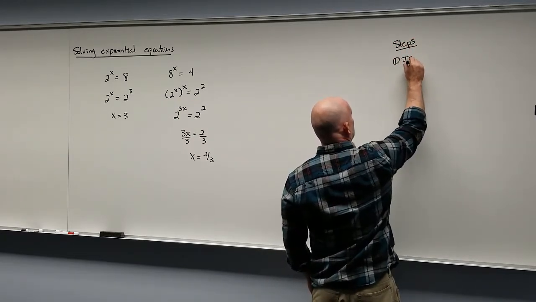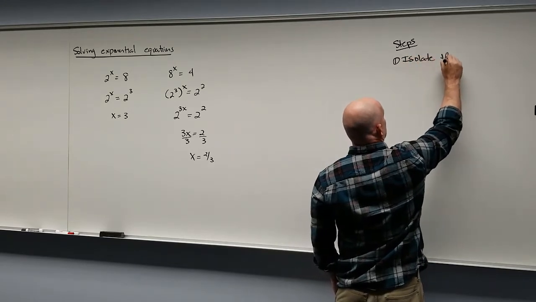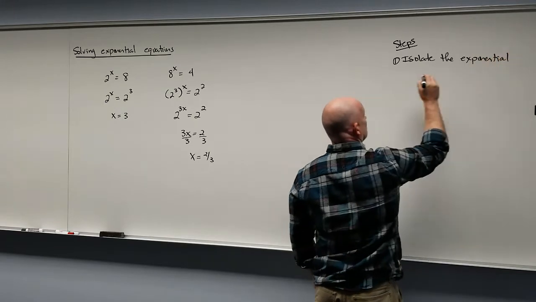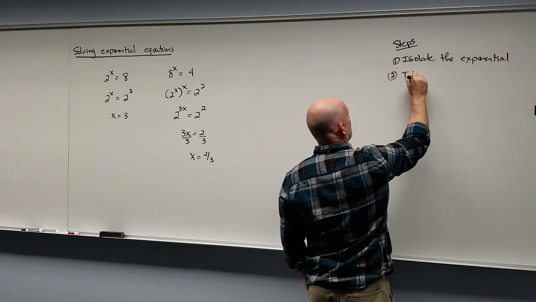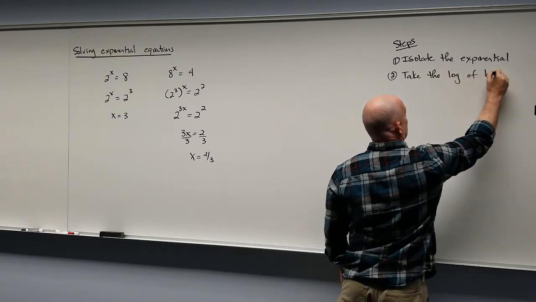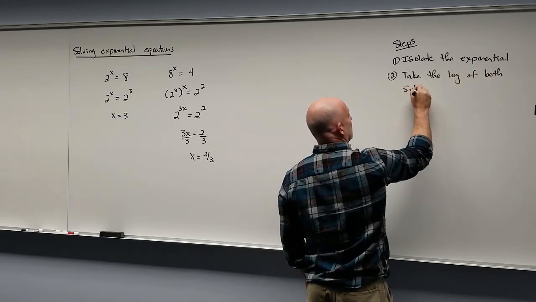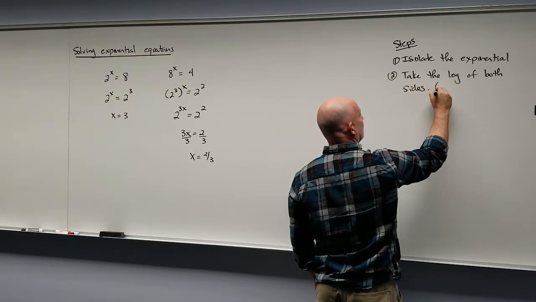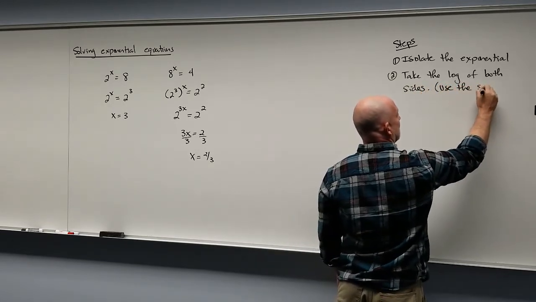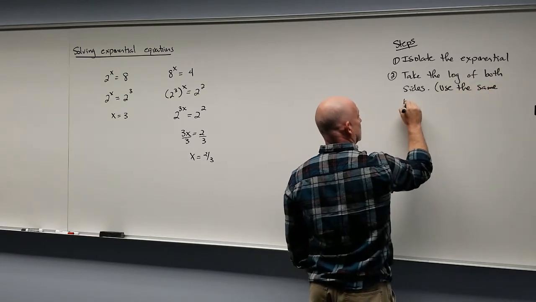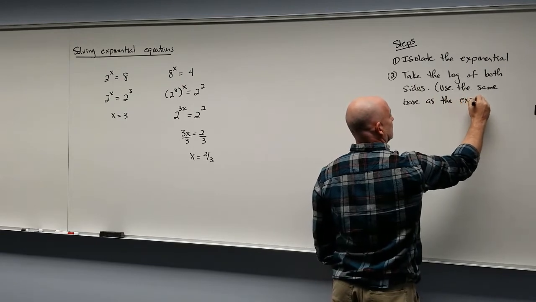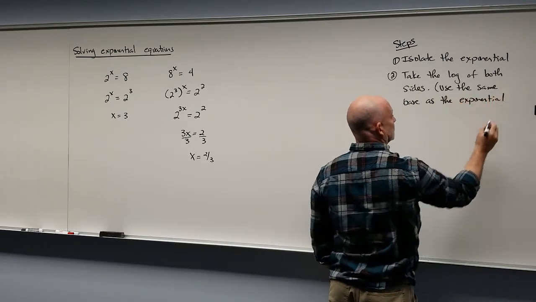Step 1, isolate the exponential. Step 2, take the log of both sides. Now, I'm going to give you a hint. We're going to do this different than a lot of textbooks do. Here we're going to use the same base as the exponential.